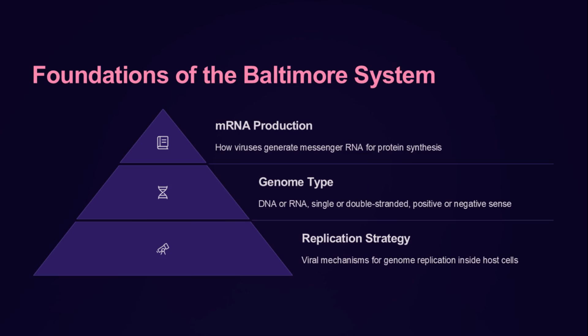The Baltimore system is a way to classify viruses based on their genetic material and replication strategy. We'll start by looking at the foundations of this system, including how viruses produce mRNA, the different types of viral genomes, and the strategies they use to replicate inside host cells. First, mRNA production: viruses have evolved unique mechanisms to generate messenger RNA for protein synthesis within their host cells.